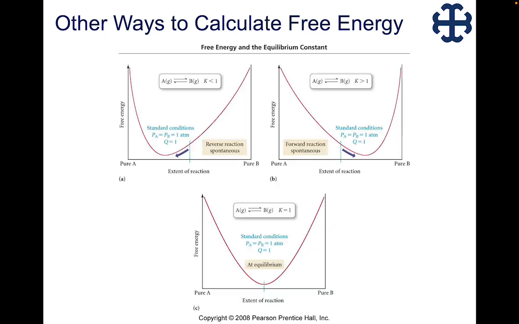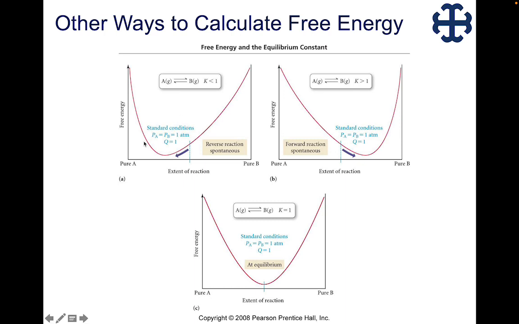If we think about this graphically, if you're a more visual person, then this is one way you could think about it, where we have a graph with free energy on the y-axis and the extent of the reaction on the x-axis. If K is less than 1, we know that that reaction is not favorable as written, right? We know that from everything we've talked about this semester.